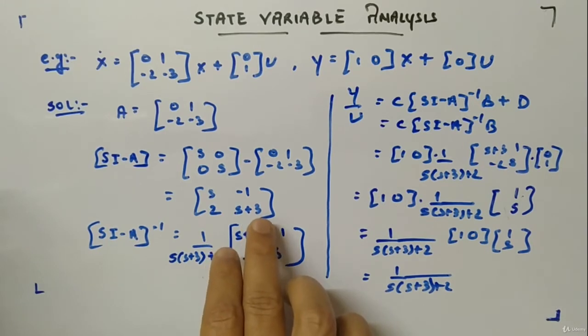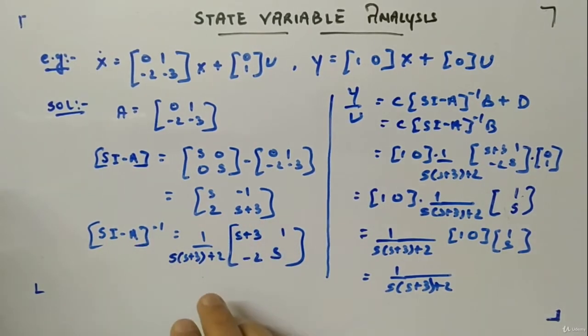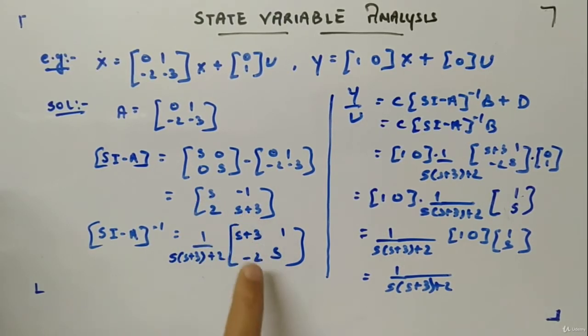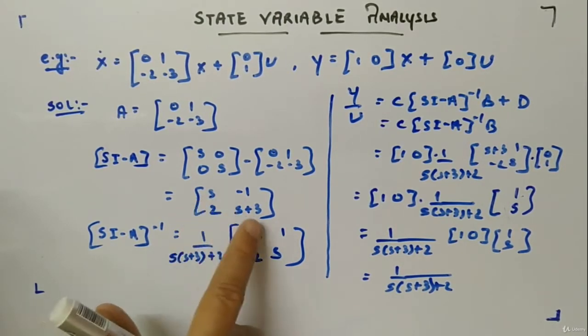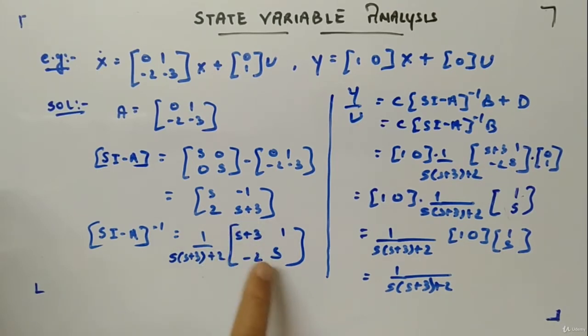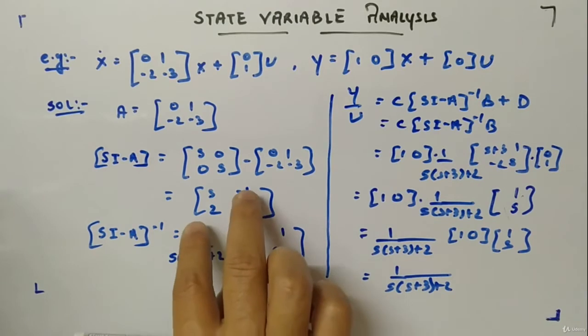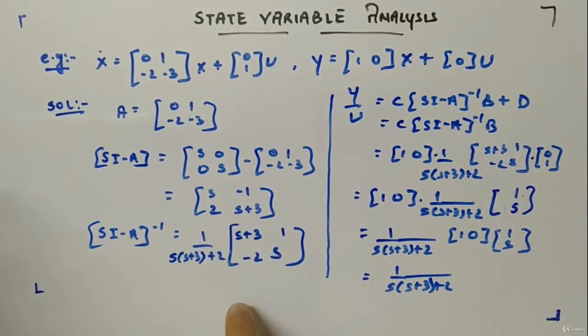If you take the inverse, there is a trick. You just have to exchange these two guys, so s plus 3 and s, and these two guys stay in the same position but are multiplied by a minus sign.